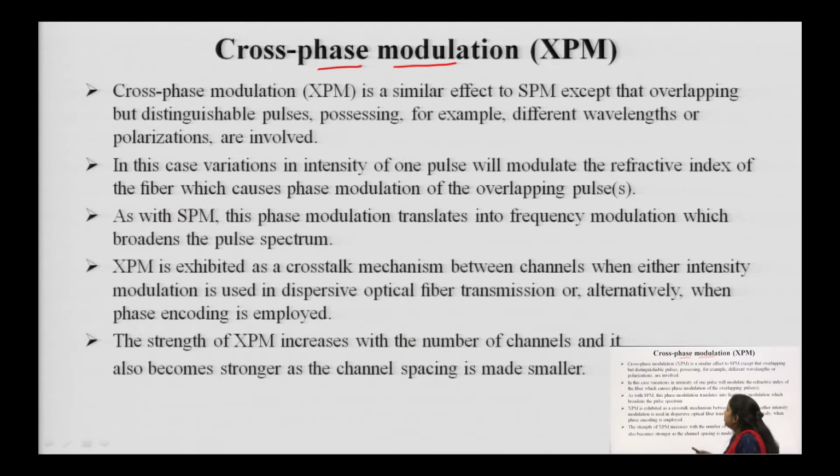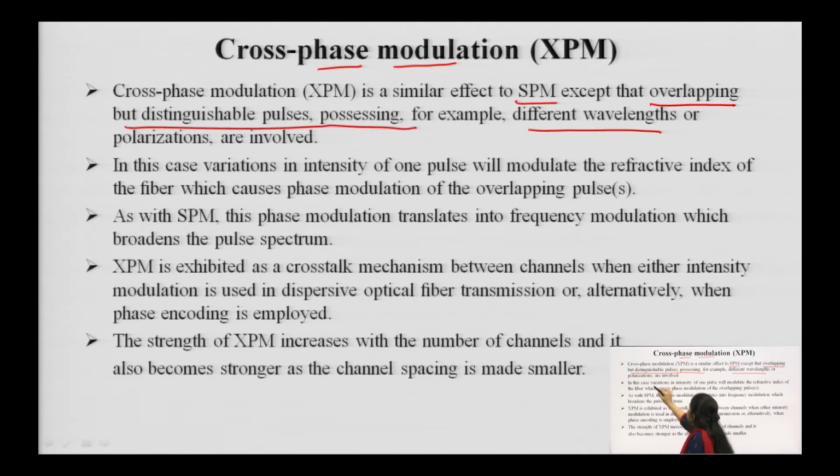Cross phase modulation is a similar effect to SPM, of course, because both of them are phase modulation, except that overlapping but distinguishable pulses possessing, for example, different wavelength or polarization are involved.